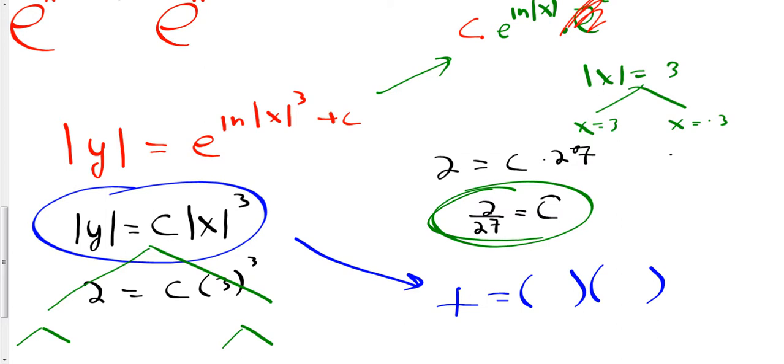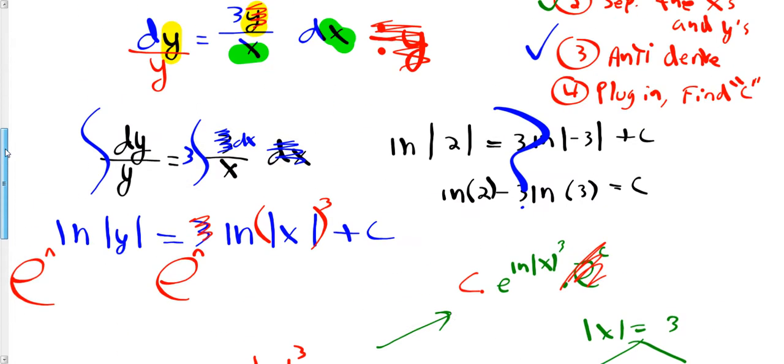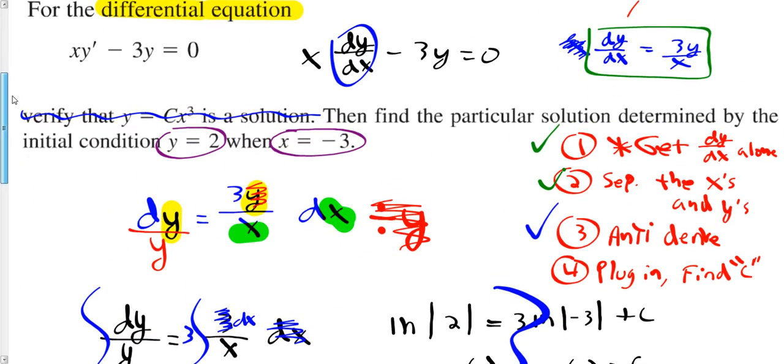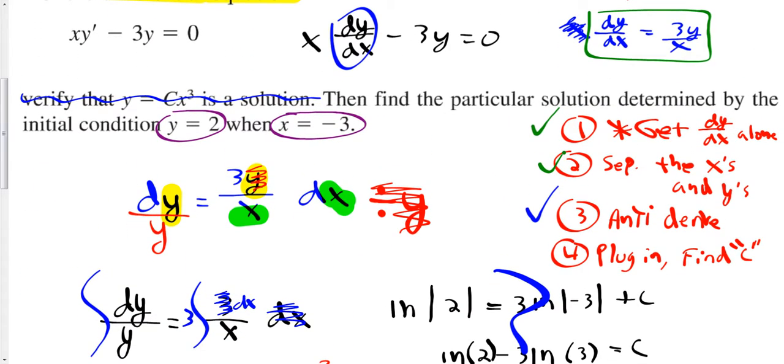I just want to take this 2 over 27, my c, and see if it makes sense. Do I have my sign right? That's really my only concern. So if I take 2 over 27 and put it into this, y equals 2 over 27, and then I take my x value and I cube it. Well, let's look at our x and our y values.